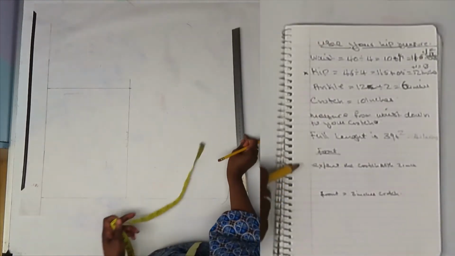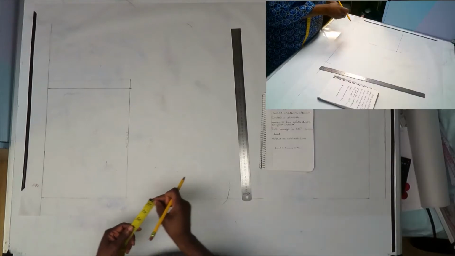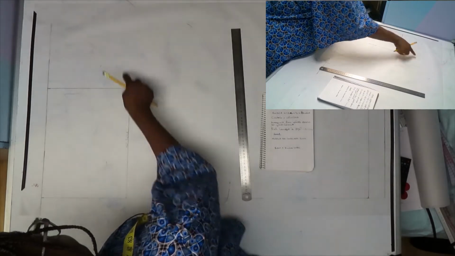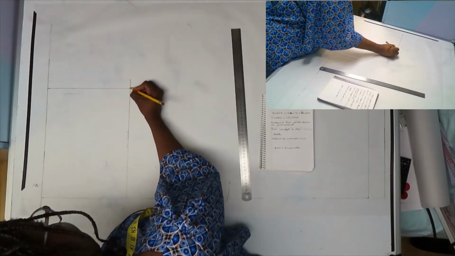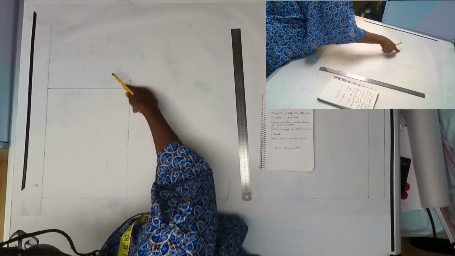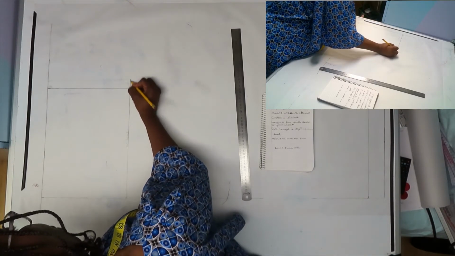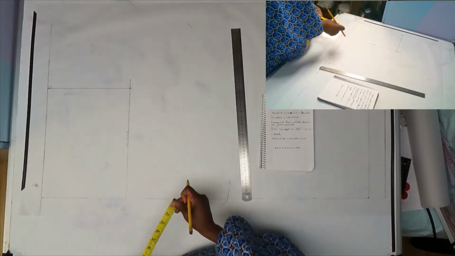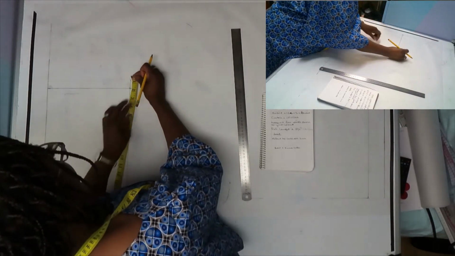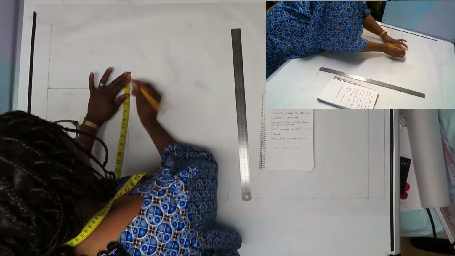So, all right. What you will do next is extend this cross measurement. Here was your hip. We are not going to use this line anymore because we have our hip line. We put our hip line here. So from this point, we extend to have our cross measurement. The extension we're going to put here is 2 inches.